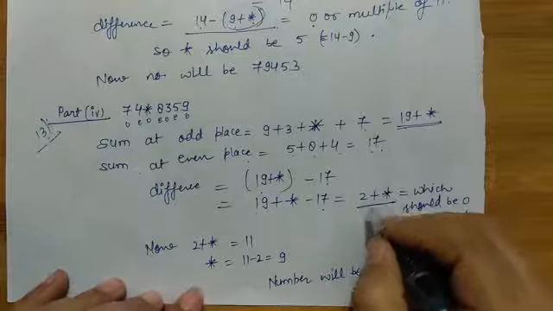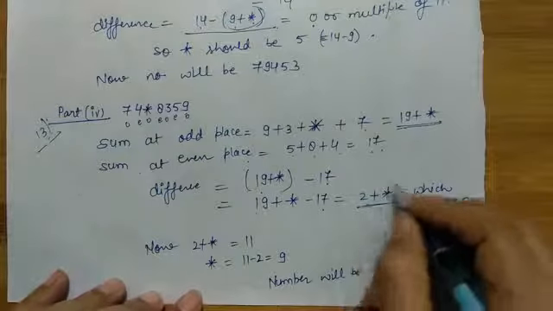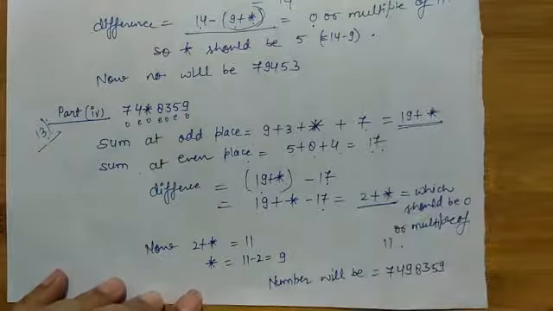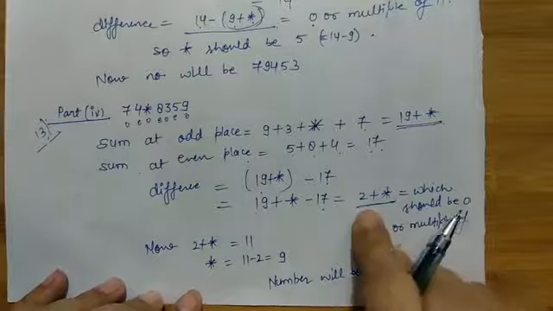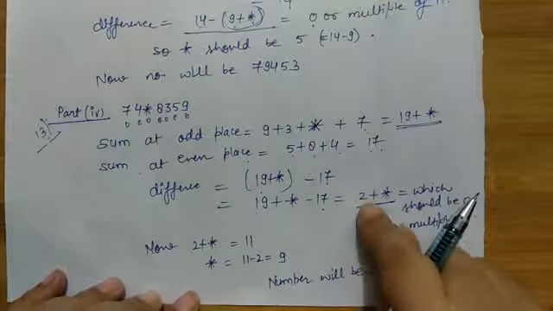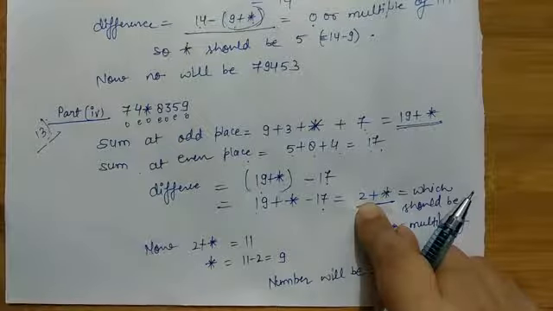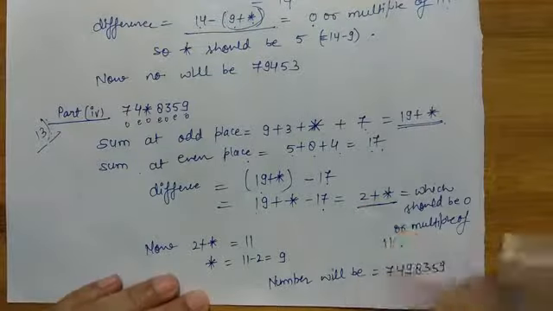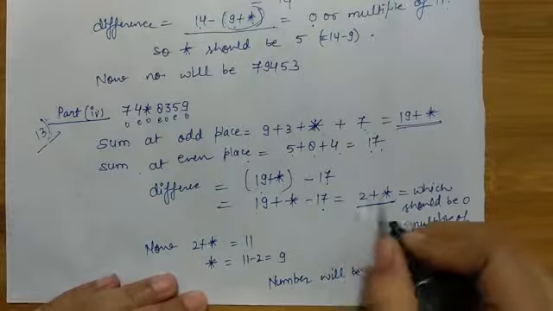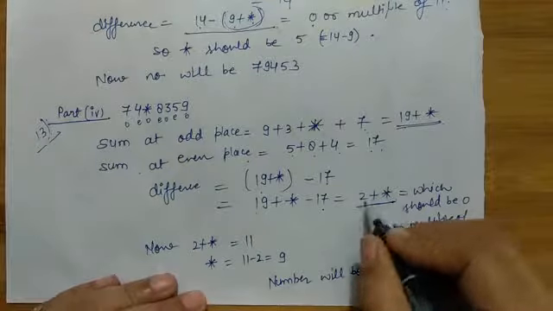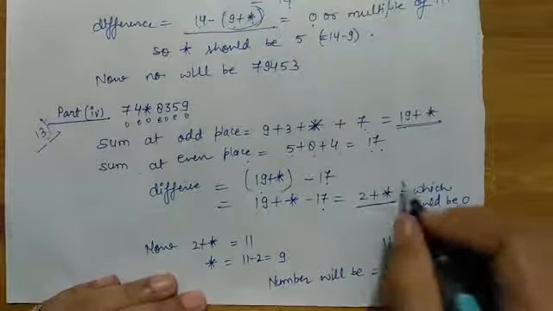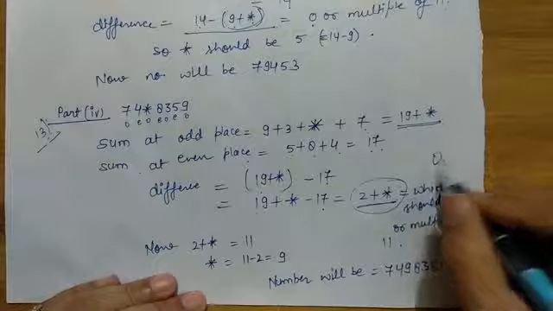So what should be added to 2 so that it becomes a multiple of 11? It cannot become 0, because we cannot add anything to a positive number which will give 0. So we have to move further to a number which is more than 2. We have to forget 0 this time.